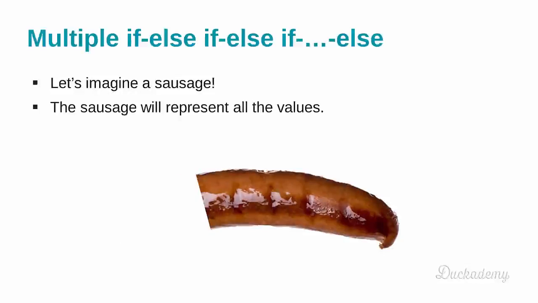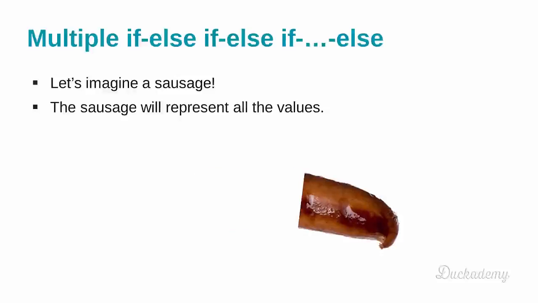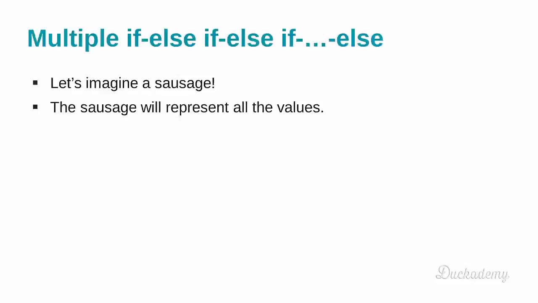This was the first if. And in the else branch, we handle the rest of the sausage, the rest of the area. And in the else part, we cut it into two parts. The if of the else is the second part of the sausage, and the last else will be the rest of the sausage. And the sausage is eaten.